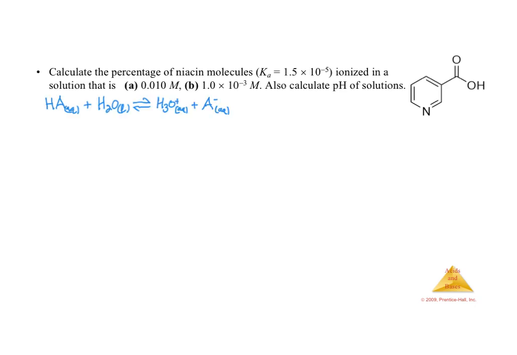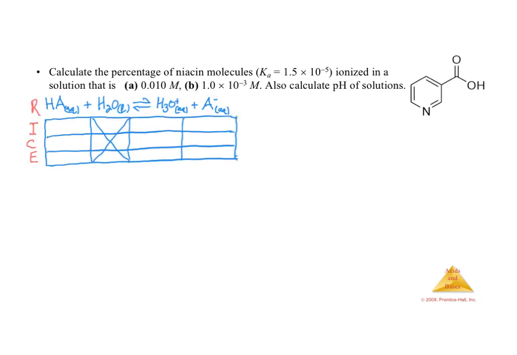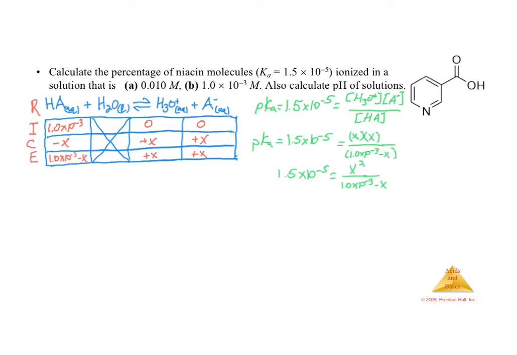All right, we start out the same way with our RICE table and our equilibrium constant expression. From here, you can fill in your initial concentrations, change in concentration with respect to X, and equilibrium concentration with respect to that change. And then we plug those equilibrium values into our equilibrium constant expression.